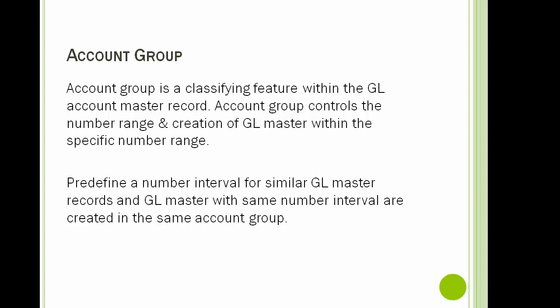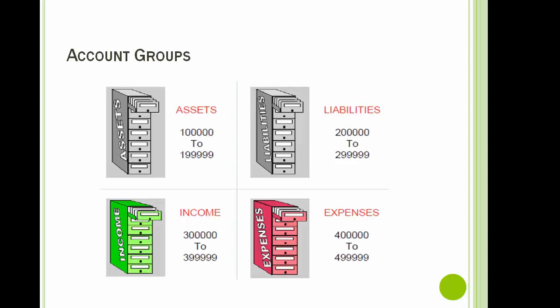In this, we group the financial statement in different groupings. Like in the financial statement, there is a balance sheet and a profit and income statement. In the balance sheet, we can group one as asset, another as liability, just like in the diagram on the screen. Asset has been numbered from 1 to 19999, and liability has been given a number range from 2 to 29999.